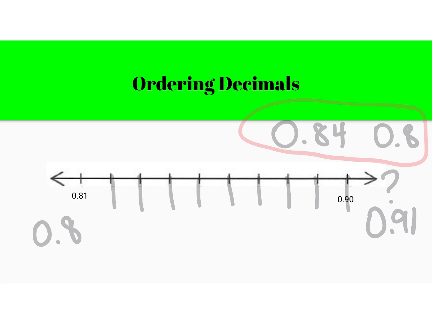Let's plot both of them on the number line and see. So we've got 0.81 and 0.8. This one is 0.82. This one's 0.83, 0.84. Okay, so here are our two numbers. We have 0.8 and 0.84. 0.84 is further along on the number line, so it's larger.